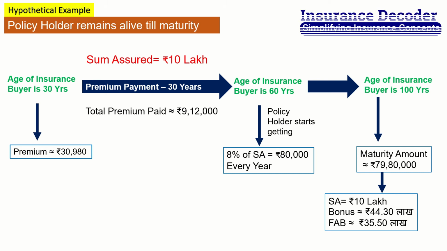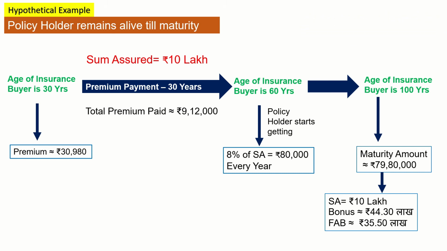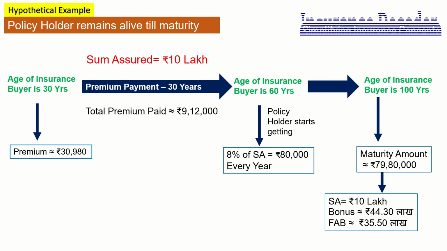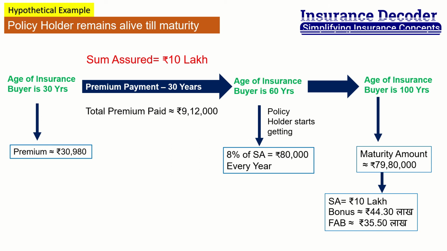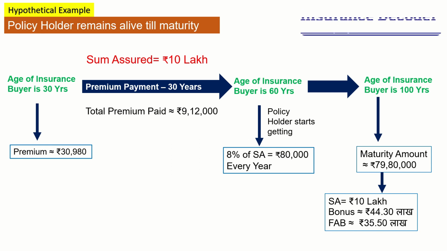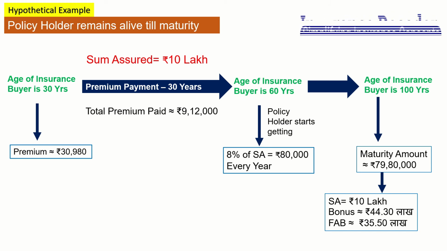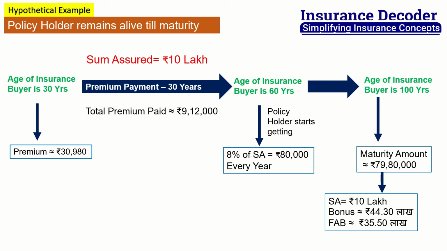When the person remains alive, he gets a, say, pension, 8% of sum assured every year after the maturity of the policy till he dies, or up to 100 years. And if he does not die till 100 years and he remains alive up to that date, then the insurance company will make the full payment of the maturity amount, and that will come up to 79 lakh 80,000 rupees.